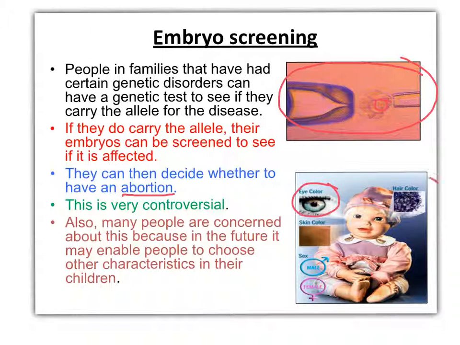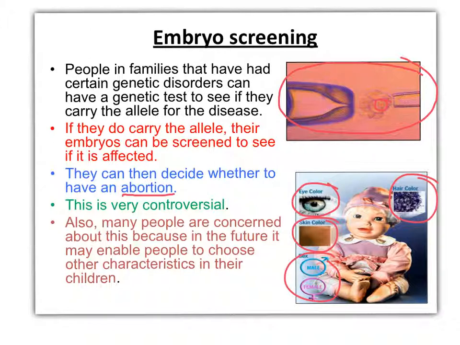So maybe the eye colour or the hair colour or the sex or the skin colour. There are some countries that terminate when they find out the sex of their child. So there's a degree of infanticide, and we talk about this as designer babies.